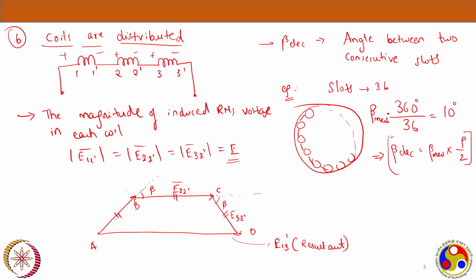This is B. Okay, E22, this is E33 dash, and this is the circumscribed circle.